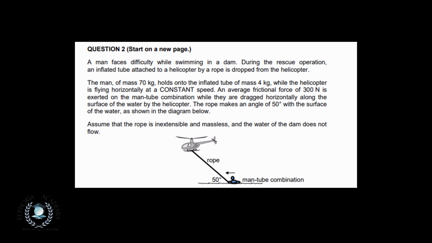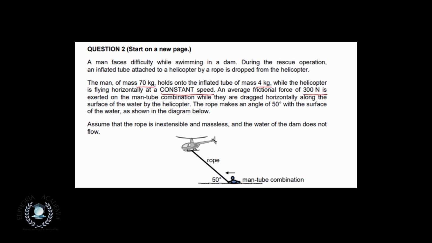The man of mass 70 kilograms, that's important, holds onto the inflated tube of mass 4 kilograms while the helicopter is flying horizontally at a constant speed. An average frictional force of 300 newtons is exerted on the man-tube combination while they are dragged horizontally.